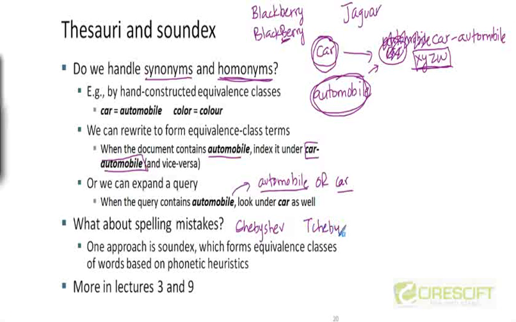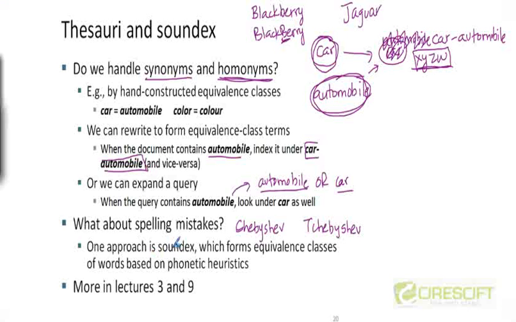I don't remember how Chebyshev is spelled in Russian, but there are variants of this spelling. You can probably think of many other names where some people may write it in one particular way, others may write it in another particular way. But when pronouncing it, it will sound the same.